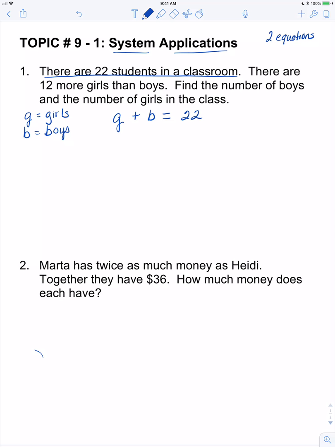And now you get the choice of how to solve these any way you want to. In this example, since I already have girls is equal to boys plus 12, maybe substitution might be the best option here. So we're going to set up our T-chart like we've done with our two equations.